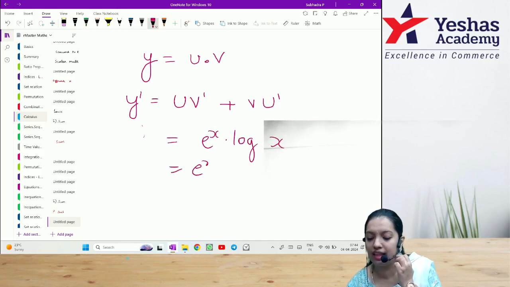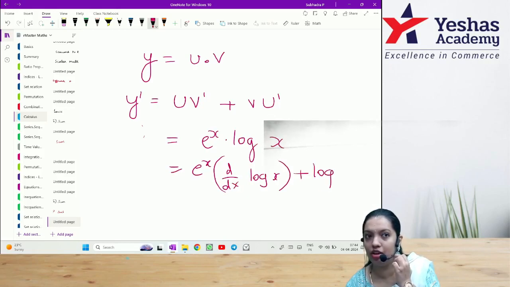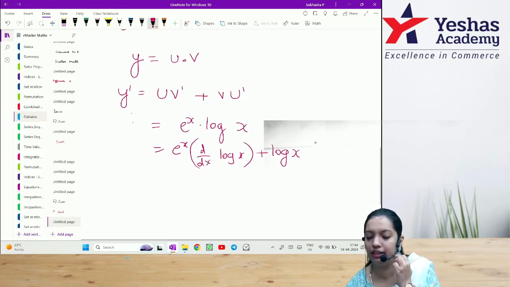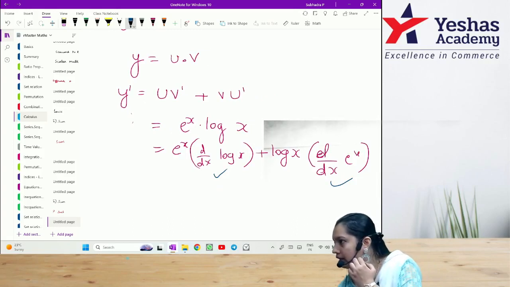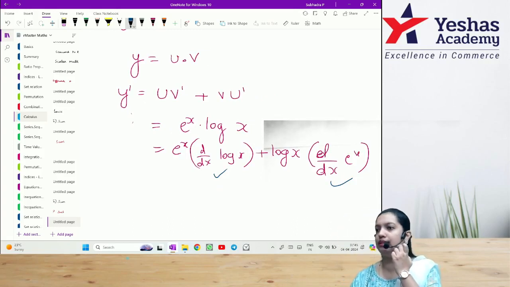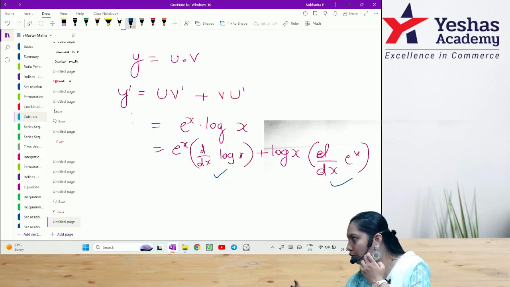First, retain e power x, find the derivative of log x, plus retain log x as it is, find the derivative of e power x separately. So ultimately, both derivatives have to be found. That's the idea. This is where we stopped in yesterday's class and I gave you a few homework problems.